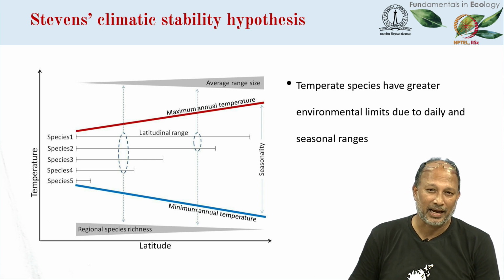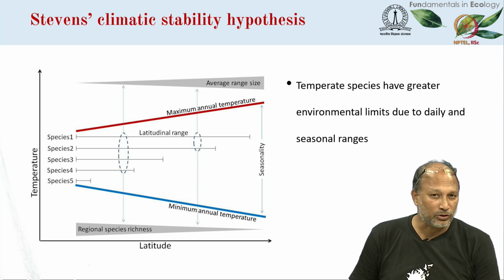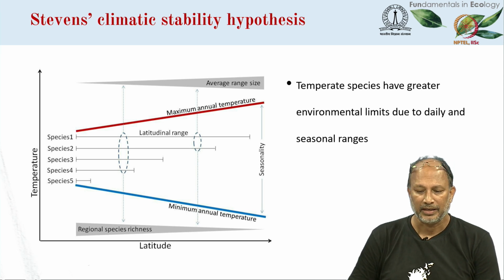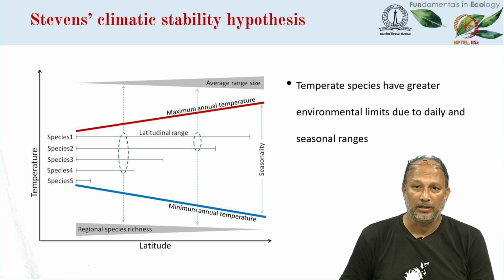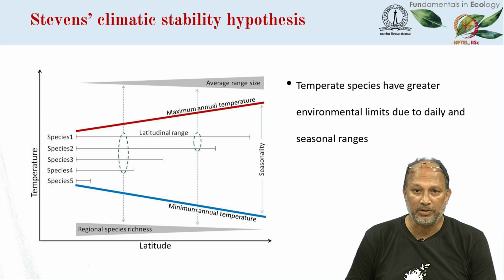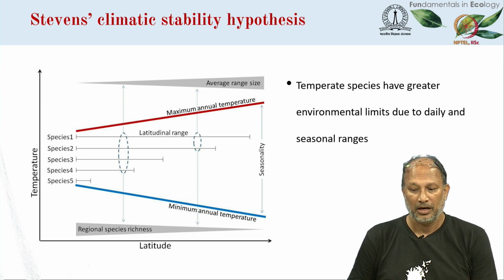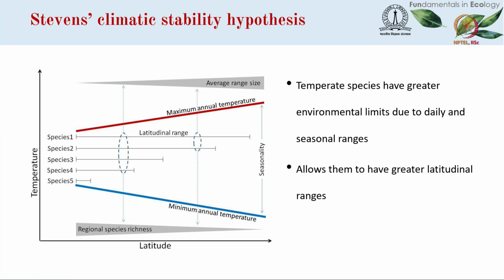The tropics, on the other hand, experienced both a narrow seasonal and diurnal range in temperature, and also small changes in temperature as you went from one location to another. And so Stevens postulated that this adaptation to those environments and their greater tolerance of a range of environmental factors allowed them to have greater latitudinal ranges as well.